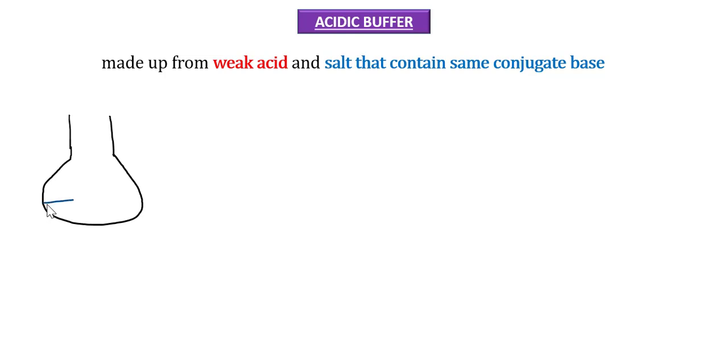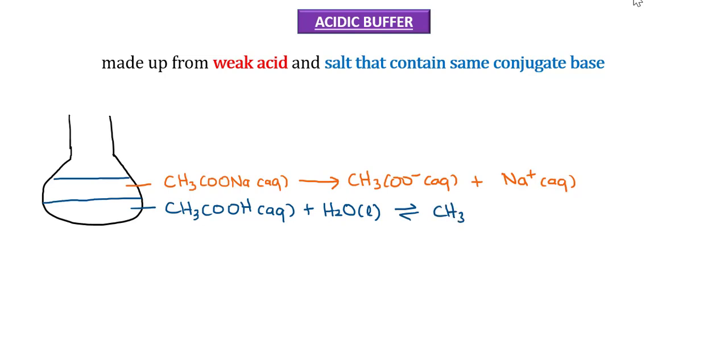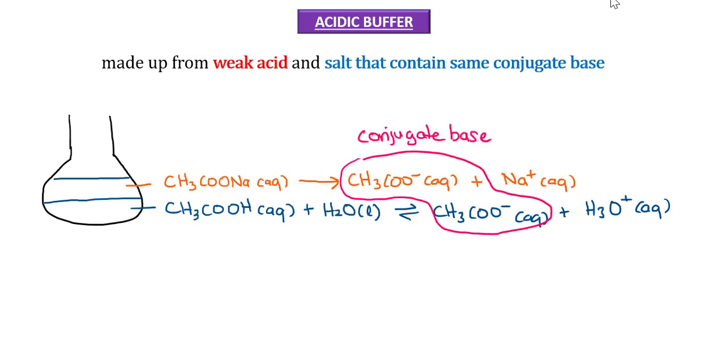For example, if we have a weak acid, acetic acid, mixed with a sodium acetate salt, the sodium acetate will dissociate completely in water to form the acetate ion and the sodium ion, while the acetic acid, a weak acid, will dissociate very slightly in water to form an acetate ion and hydronium ion. Since this weak acid and salt contain the same conjugate base, this solution is a buffer solution.